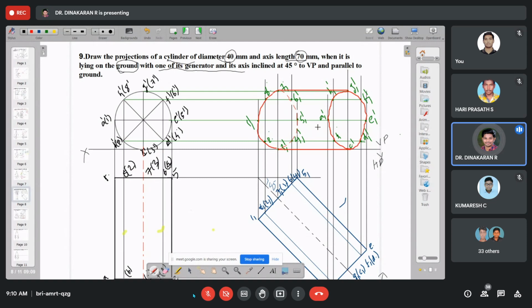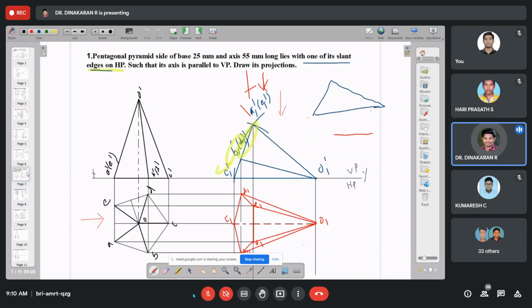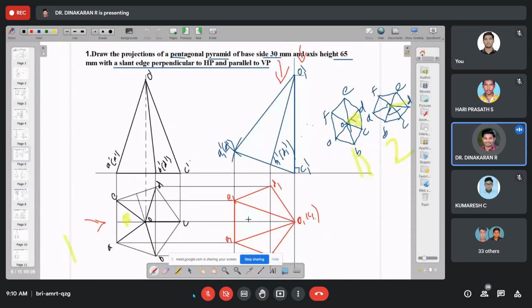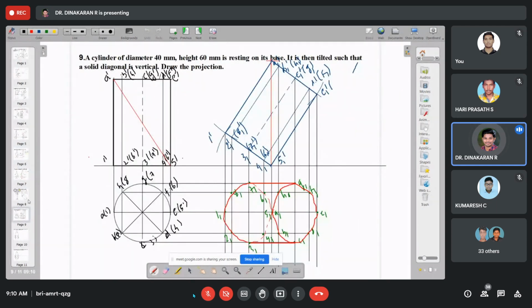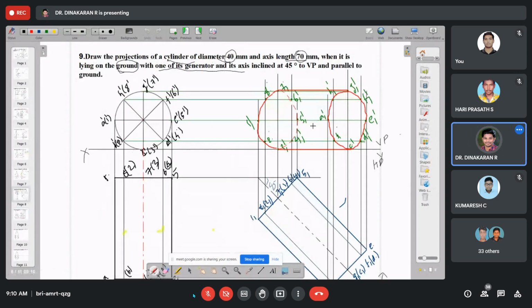Why? In a pyramid and prism, inside also in the final projection we draw a longer edge or slant edge or shorter edge. But in this we didn't draw a thick line inside. Why? Sir, because these are imaginary generators. Yes, that is an imaginary generator. A circular solid has no edges, only a curved surface.